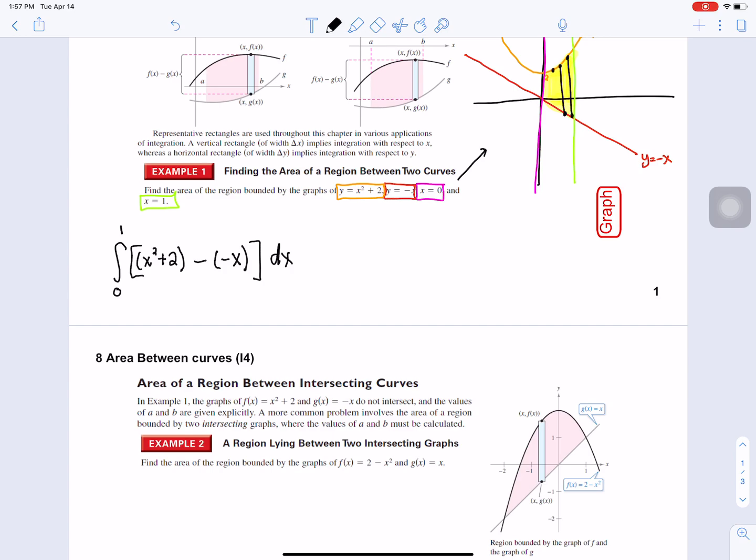So no matter where I take this slice, the orange function stays on the top and the red function stays on the bottom. So this is always my top. This is always my bottom. So let's go ahead and simplify this.